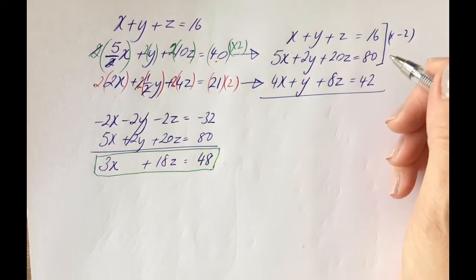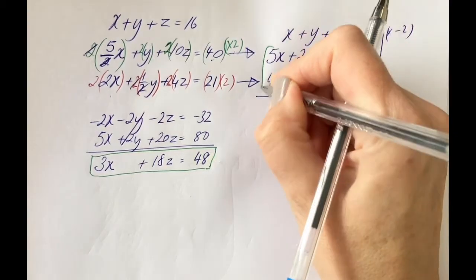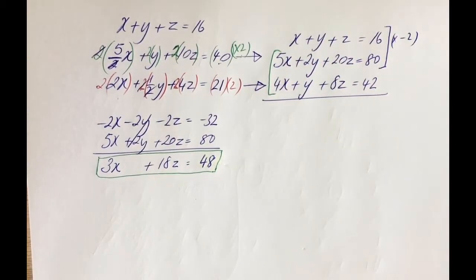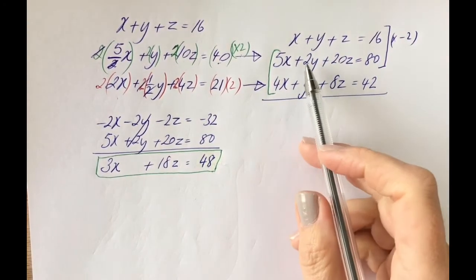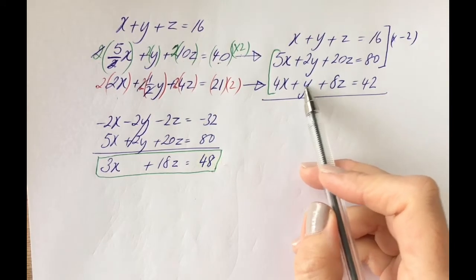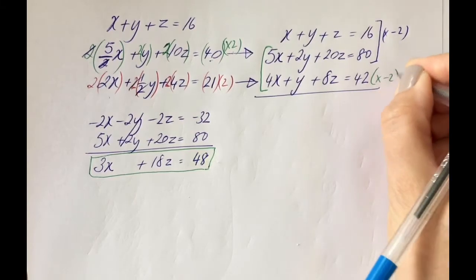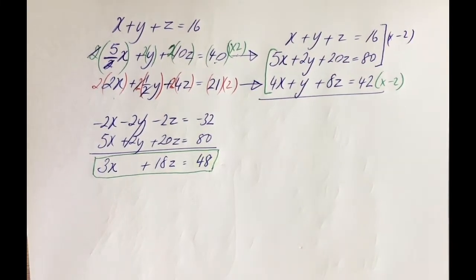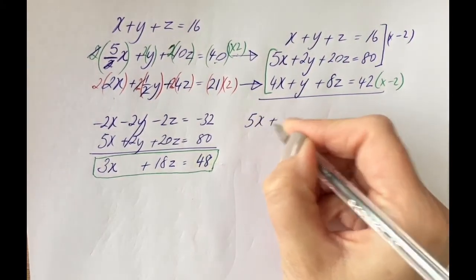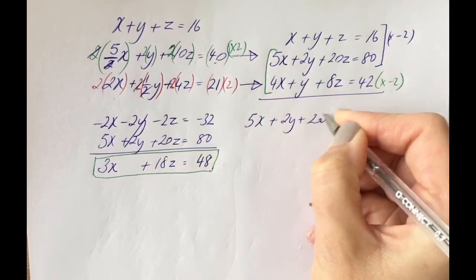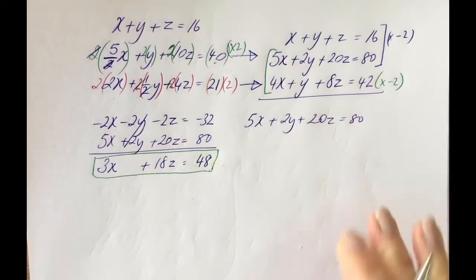Okay, so now I'm going to take these 2. And again, in order for these to cancel, I would want a minus 2y down here. So I'm going to multiply the second line by a minus 2 this time. Okay, so the top line will be the same, of course, 5x plus 2y plus 20z equals 80.